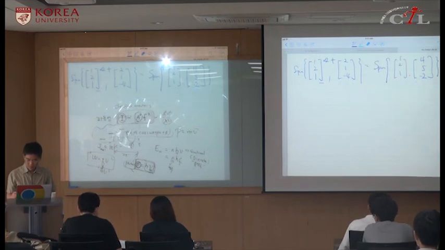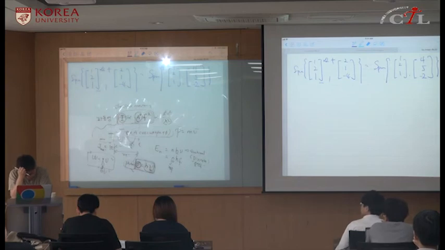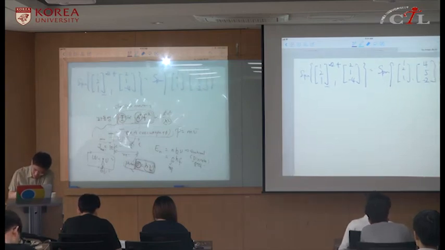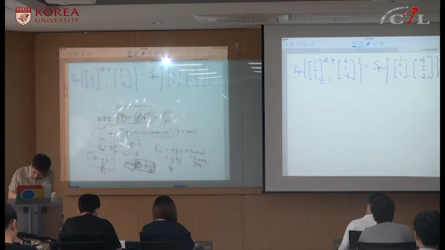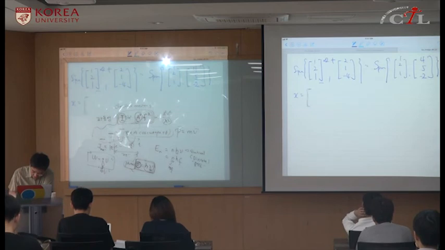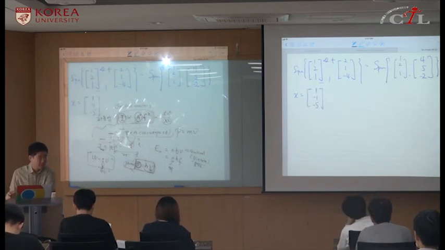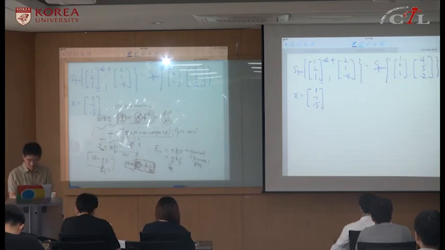Okay, and then let's just consider the vector x as 1, -1, and -5. I'm trying to create some example in real time.